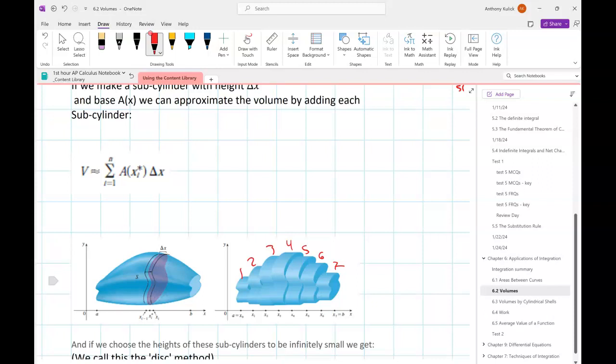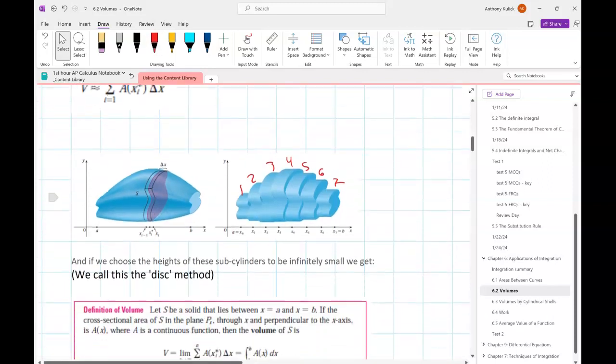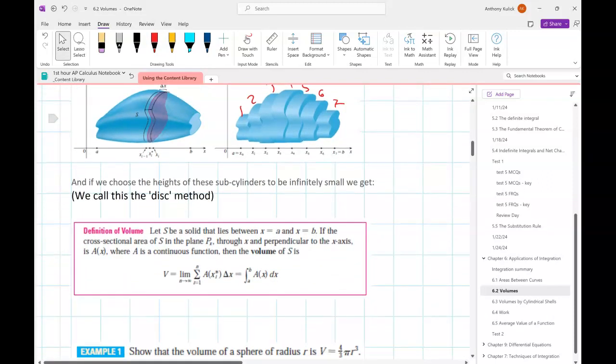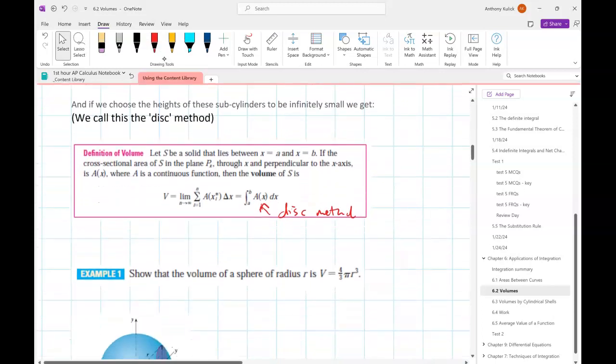And if we take infinitely many of these things, we're going to have this guy here where we take the cross-sectional area. We call it the disk method, because essentially we're slicing like a disk. So that's the idea.